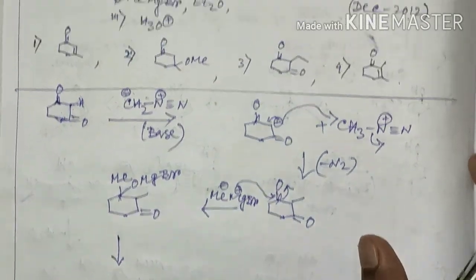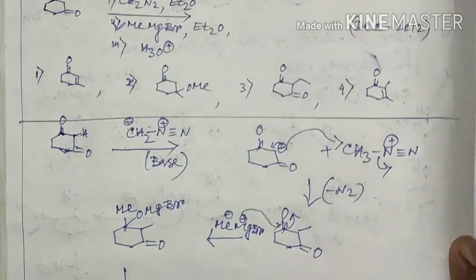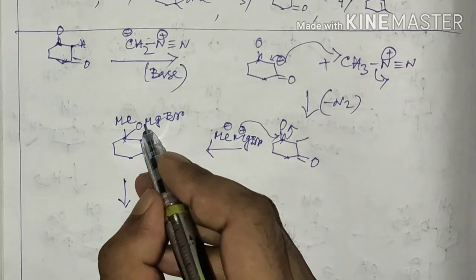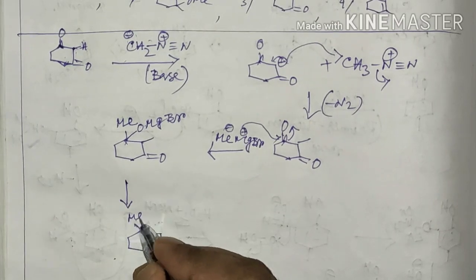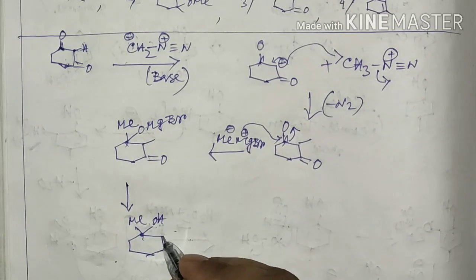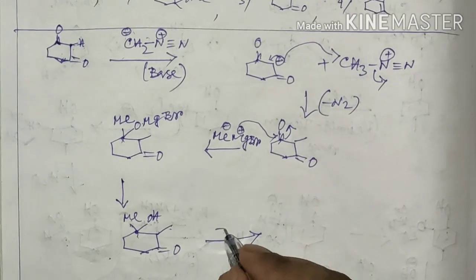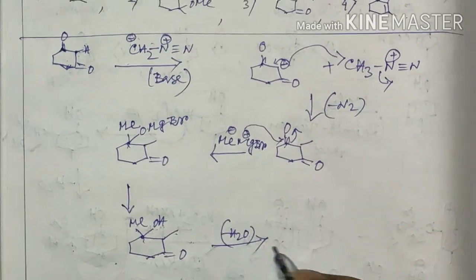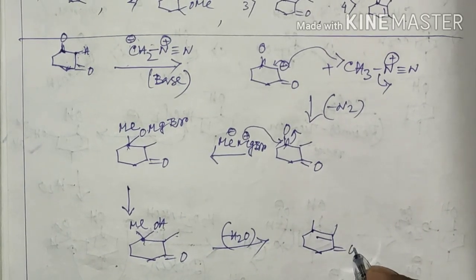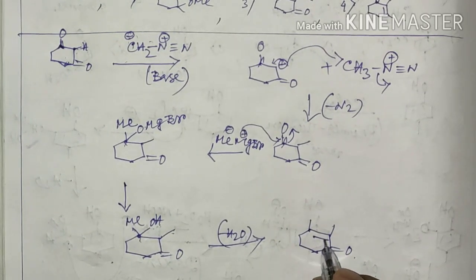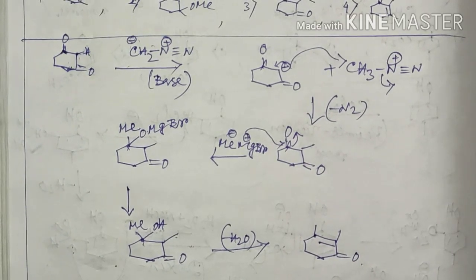and in the third condition we can see that here is H3O plus, that means H plus source. It will protonate this anion, and in the next step it will undergo dehydration to form such dimethyl olefin, that is alpha beta unsaturated carbonyl species.